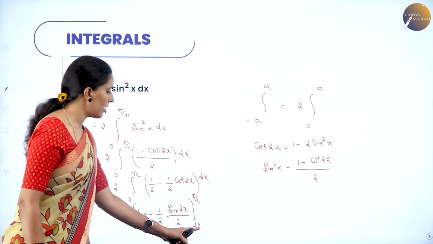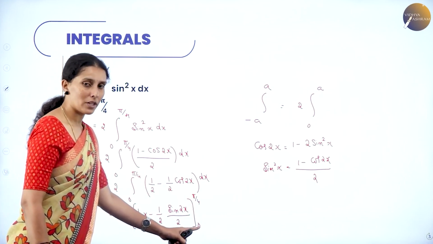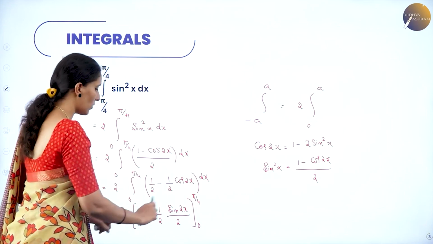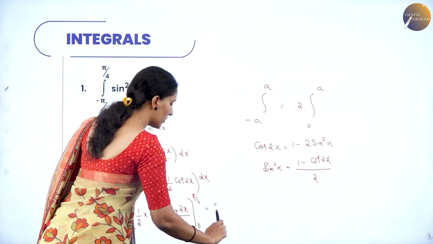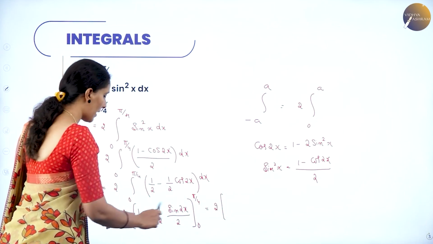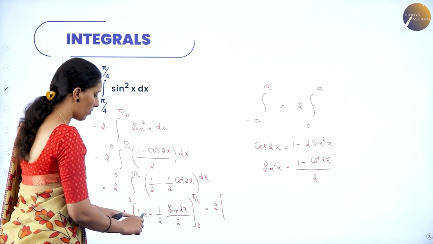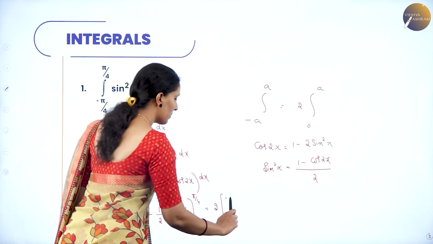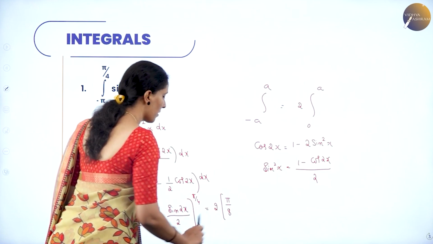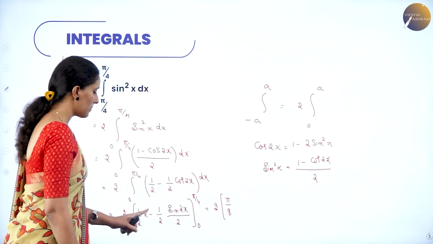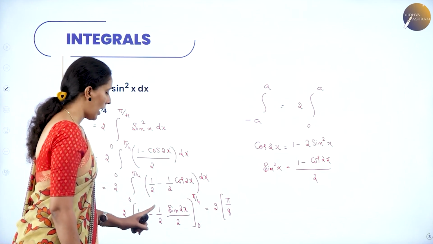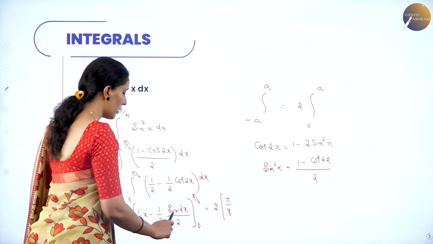Since the lower limit is 0, f of a is completely 0. So what happens? F of b, with 2 outside. Apply pi by 4 here. Pi by 4 by 2 becomes pi by 8, and here we have 2 and outside we have 2.